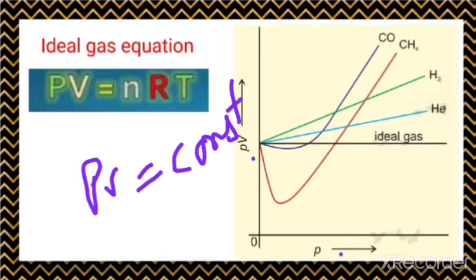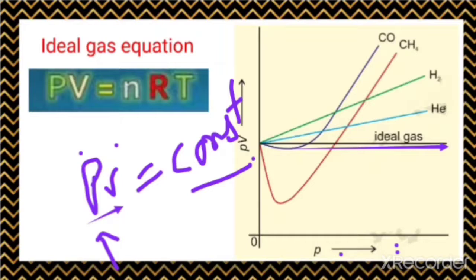So when we increase the pressure, the pressure-volume product, being a constant, gives the same value. So in the plot we will get a straight line parallel to the x-axis, because at constant temperature PV is constant.